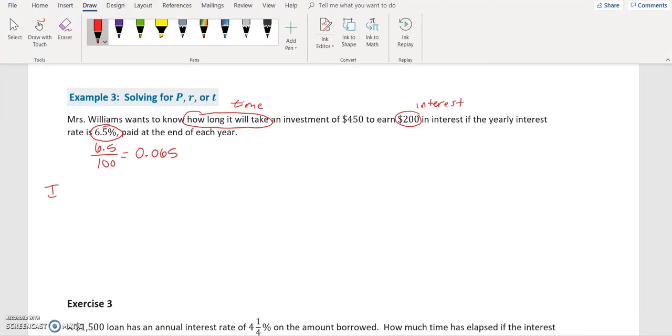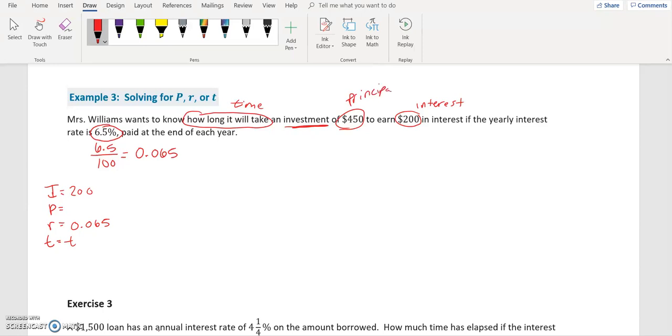So let's label all of the information on the side of what we actually know and not just in the word problem, so it's very easy for us to point out. Our interest was 200. Our rate we said is 0.065. We want to know how long, T. And this $450, the investment, remember, when we're investing, that is our principal.